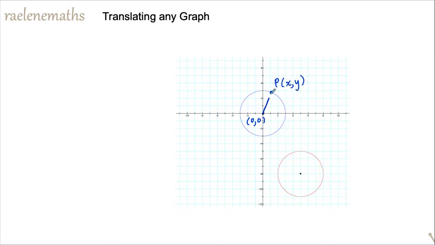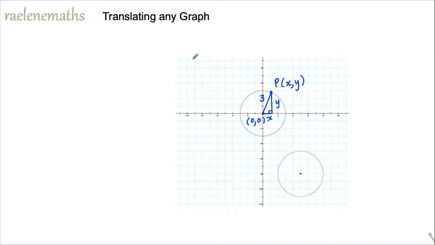I've drawn the circle with a radius of 3, so I can draw a line segment, or a radius of 3, here. I can also drop a vertical line down and a horizontal line across to make a right triangle. Now we can see that the height of this triangle is y2 minus y1, so y minus 0, which is just y. Similarly, the base of the triangle is x2 minus x1, or x minus 0, which is just x.